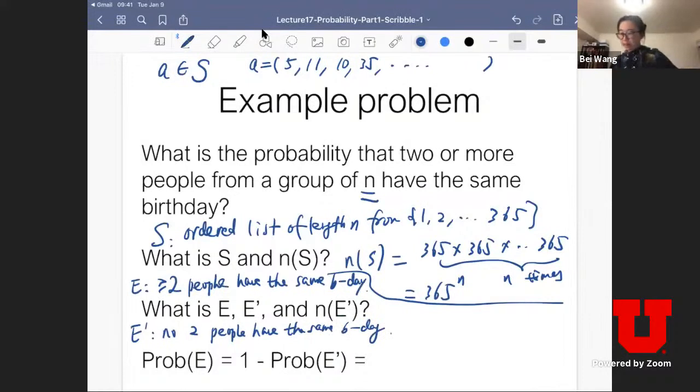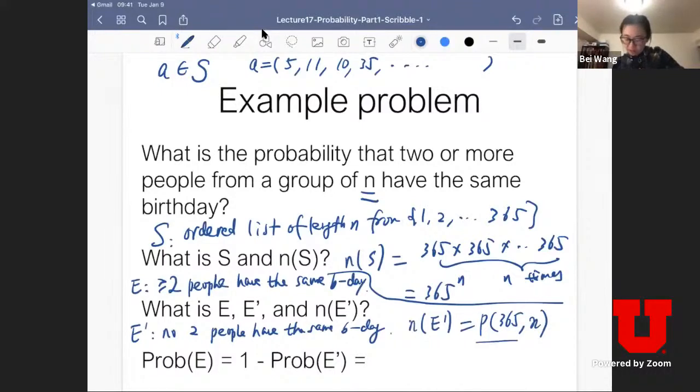Okay. Now, for this problem, it's much easier to count the number of instances where no people have the same birthday. So what does that mean? That means I'm going to choose without replacement n numbers from 365.